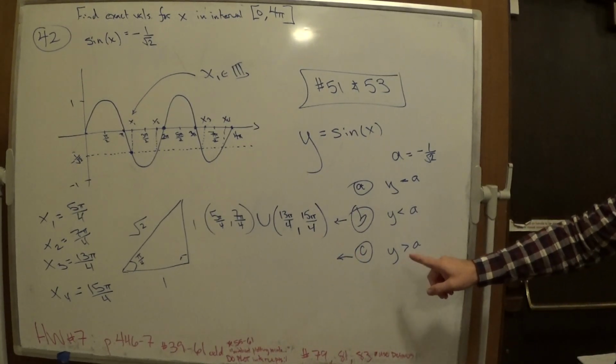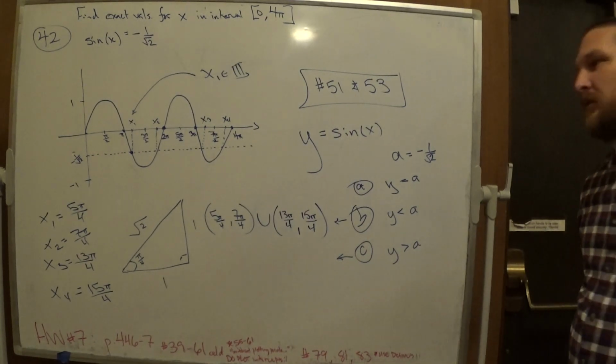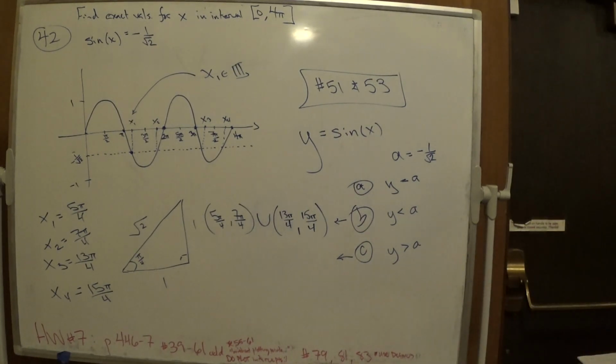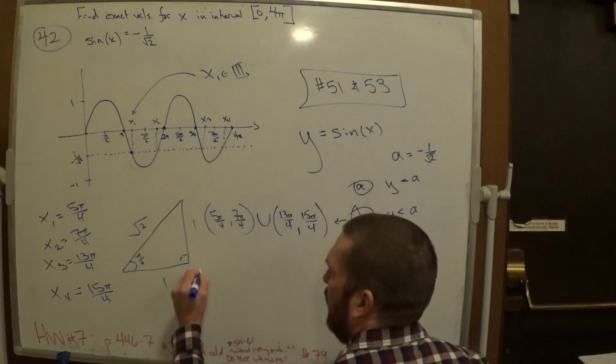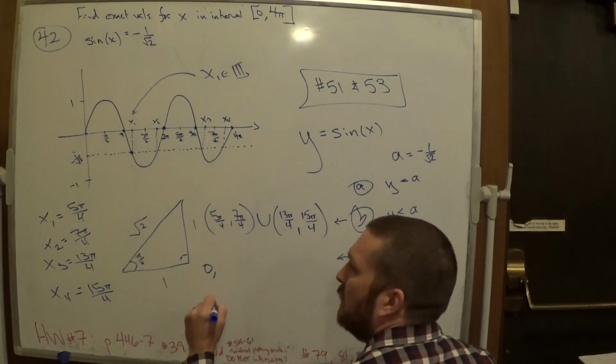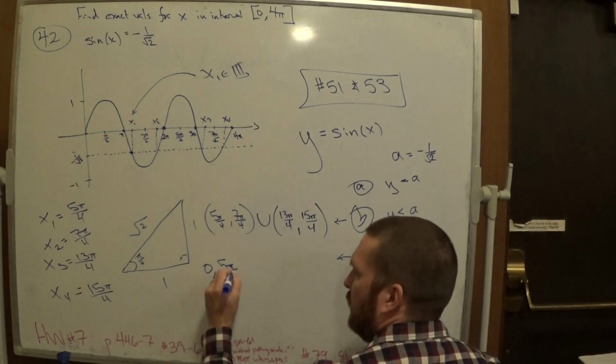Where is y bigger than a? Give me the first interval, because I can tell you right now there's 1, 2. It looks like 2, so yeah. From 0 to x1, what's x1? 5 pi over 4.